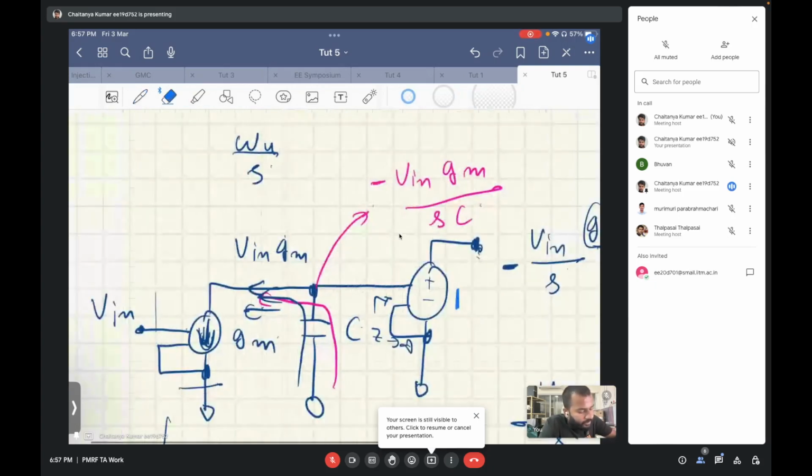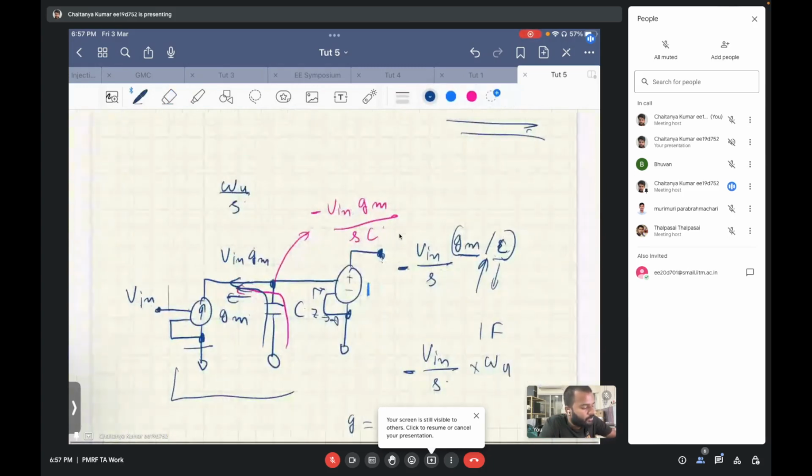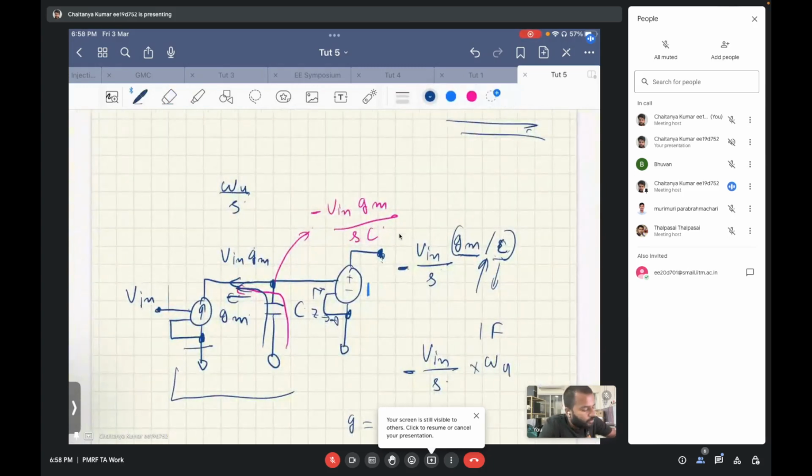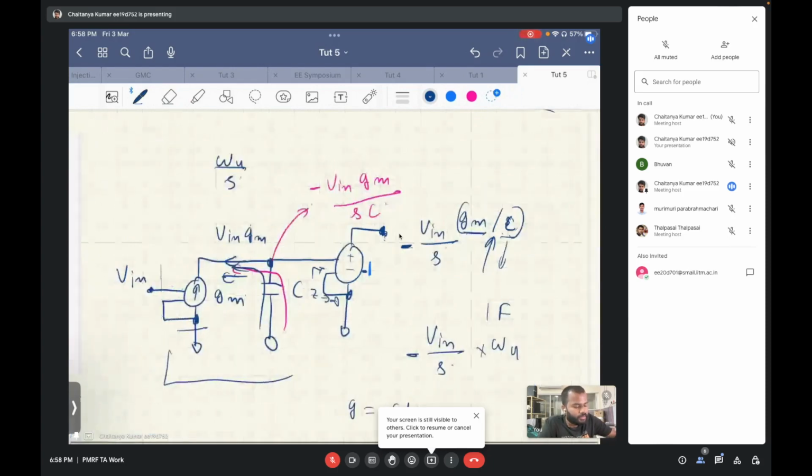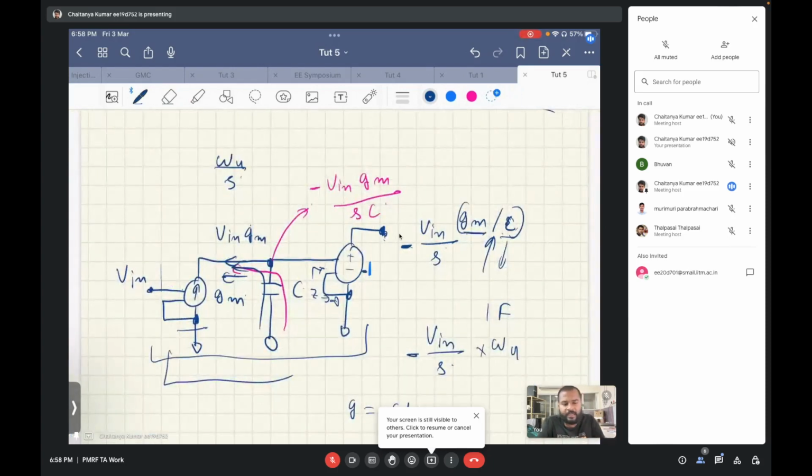For example, if this arrow was in this direction, in that case you won't get an inversion directly. In that case, what you can do is you can have a gain of -1 at this VCVS, and hence you can get the transfer function of omega u by s as intended.